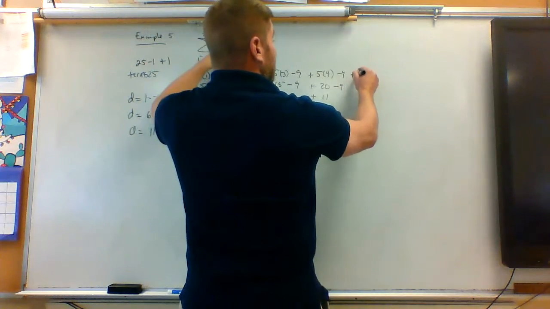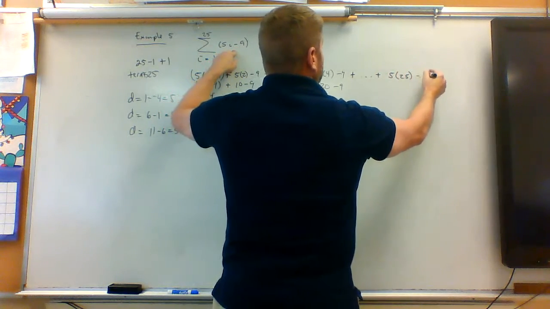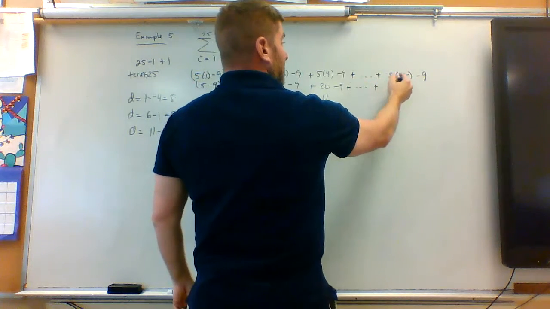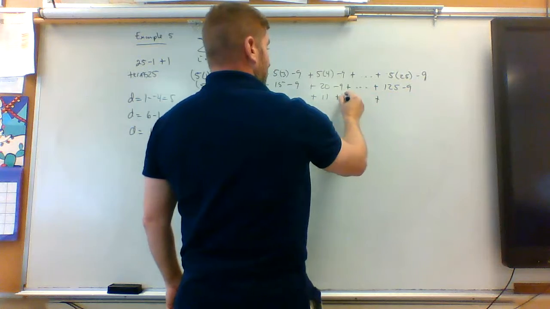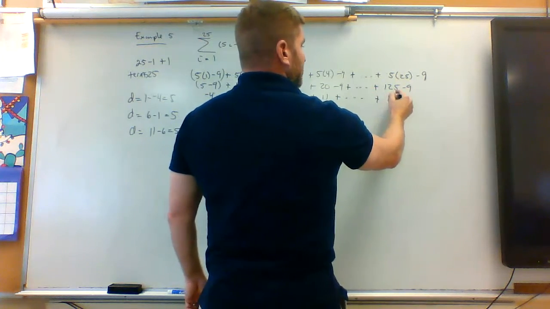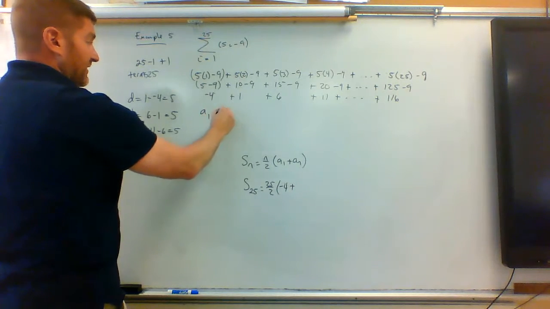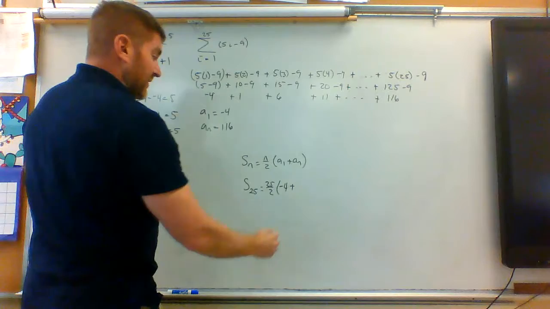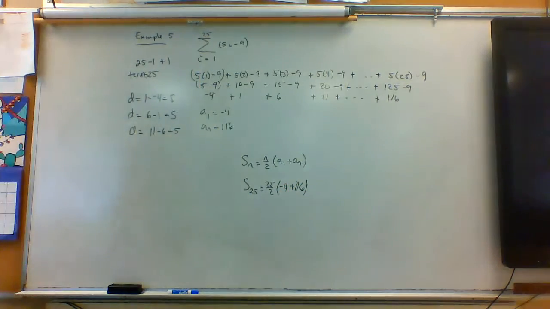So what would it be if it was 5 times 25 minus 9? Well, that's 125 minus 9, which ends up being 116. So my first term was negative 4, and my last term is 116.